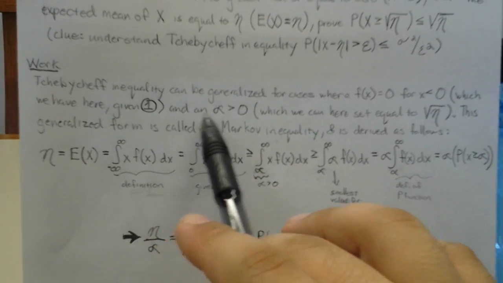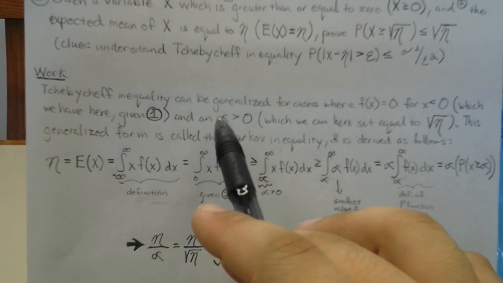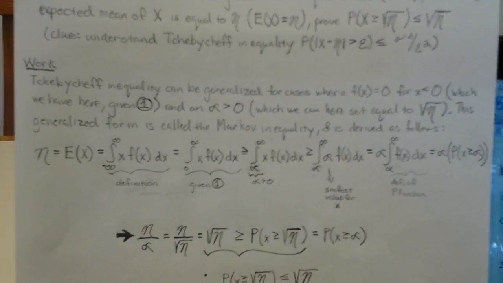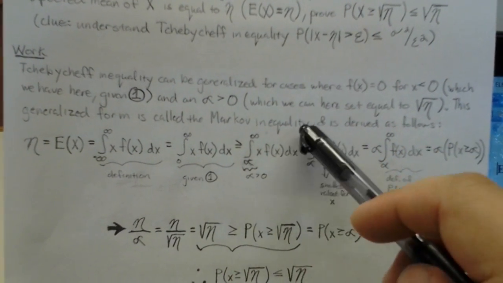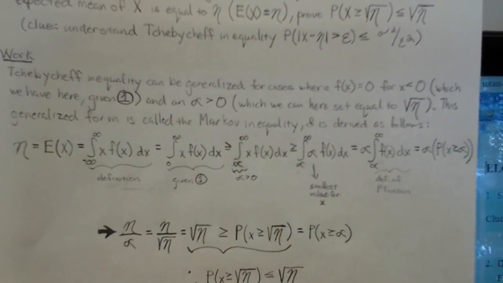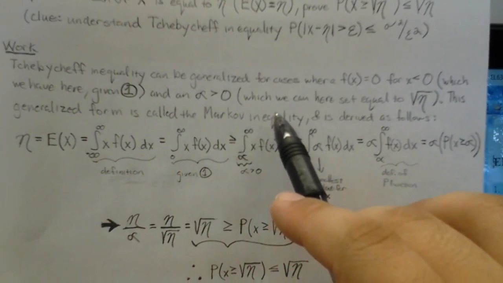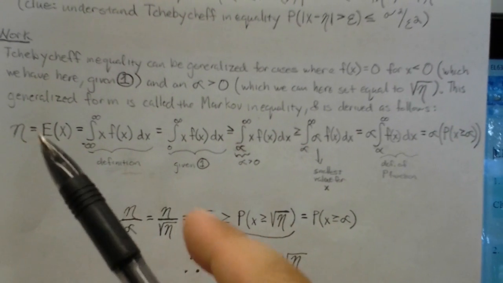And it works when we have some variable, which we'll call alpha, greater than 0, which we will later set equal to the square root of eta. So we're going to be using the Markov inequality right here, which we'll derive real quickly.